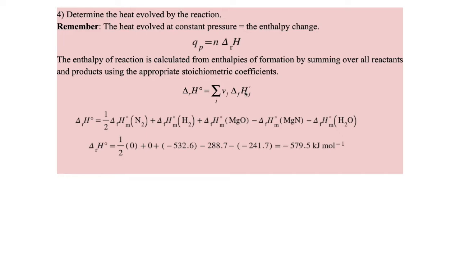We know the stoichiometry of the reaction, and then we know that we can get delta H for the reaction by summing all of the delta H values of the products multiplied by their stoichiometric coefficient. And then we're going to subtract off all of the delta H of formation values from the reactants. Again, they have to be multiplied by their stoichiometric coefficients. In this case, we only had one that differed from plus or minus 1. That was that of nitrogen, which was 1/2. So we put that in there.